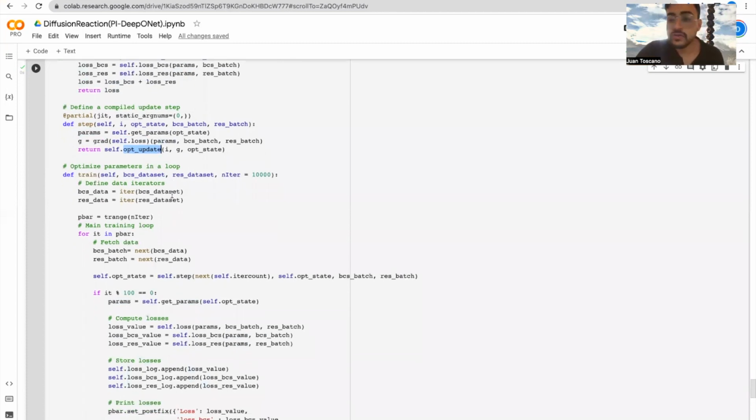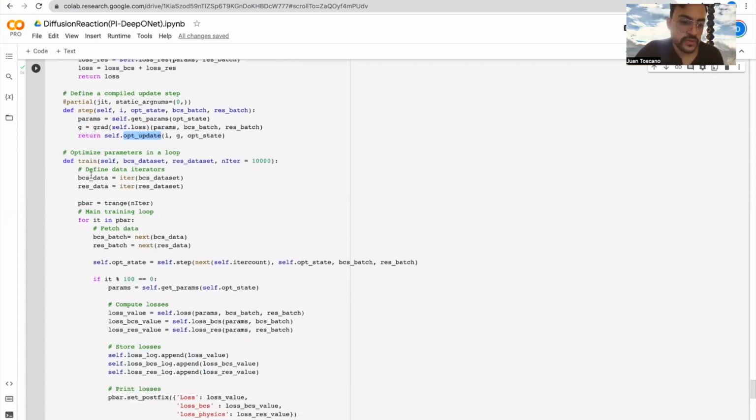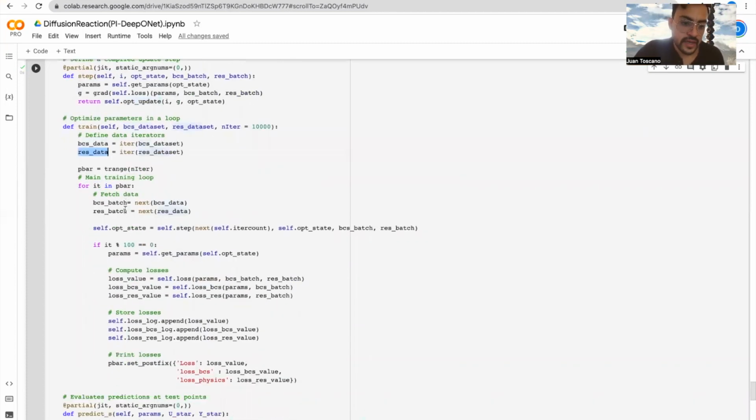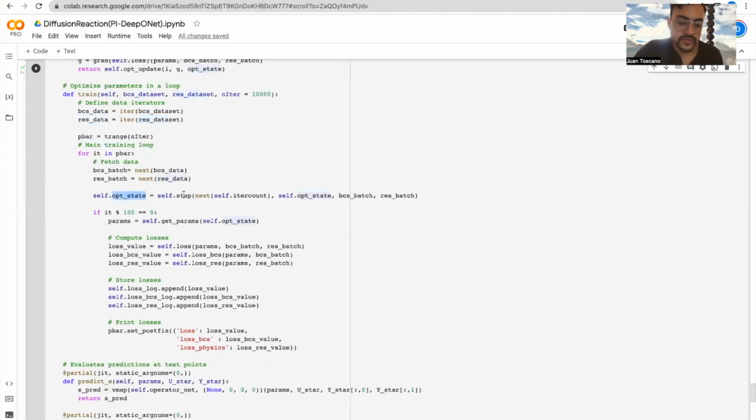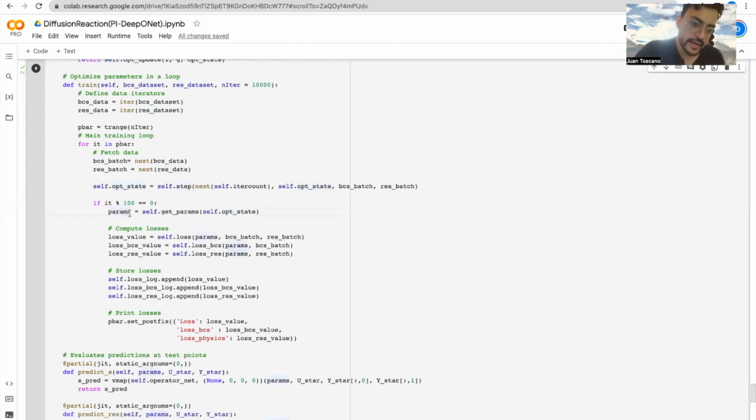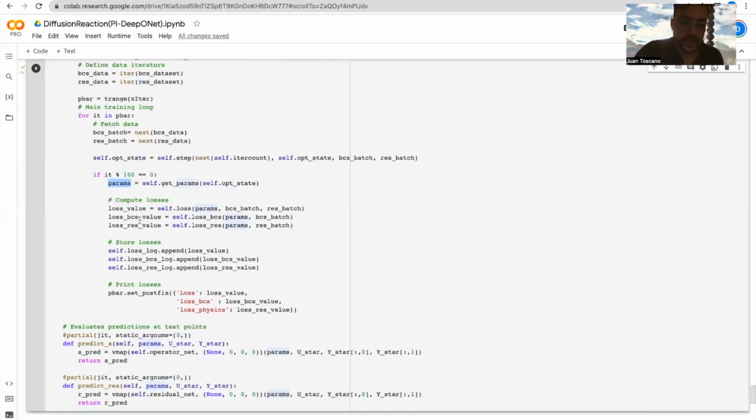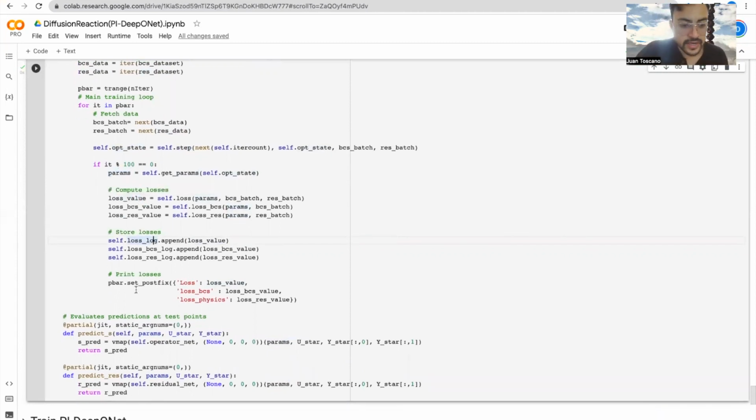Okay, so now to the training process. The first thing we do is select the data. Then after that, we define the optimizer state, and how to modify the optimizer state would be with the step function. We isolate the parameters related to this state. We compute the loss function, and we store the loss function, or the 3 loss functions, for it to have some kind of register, and we print them.